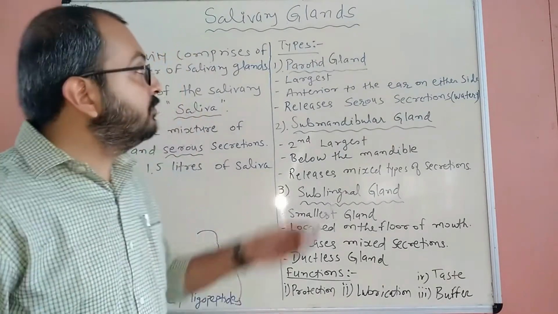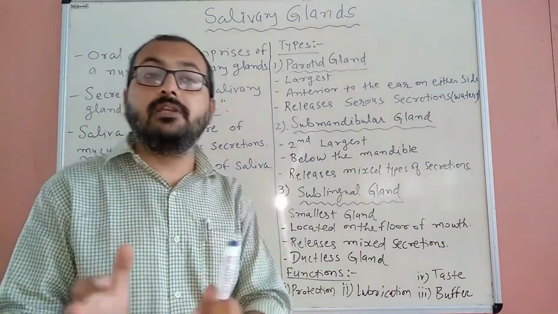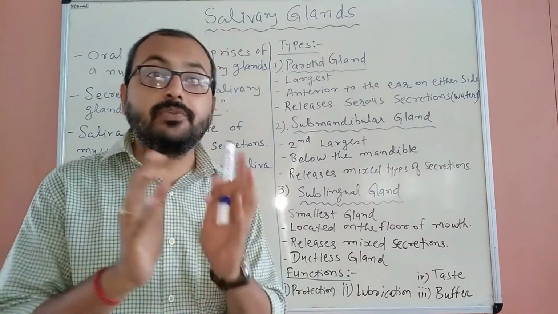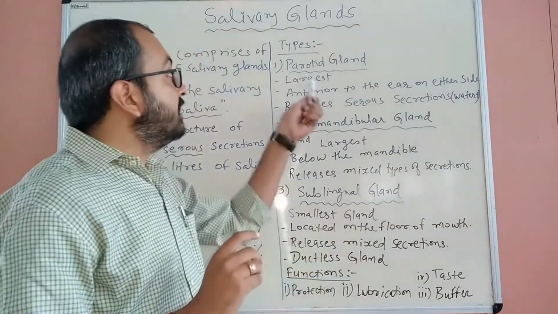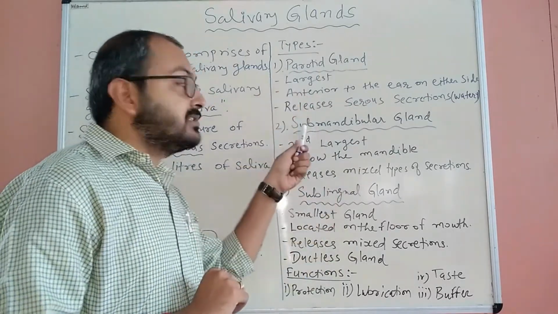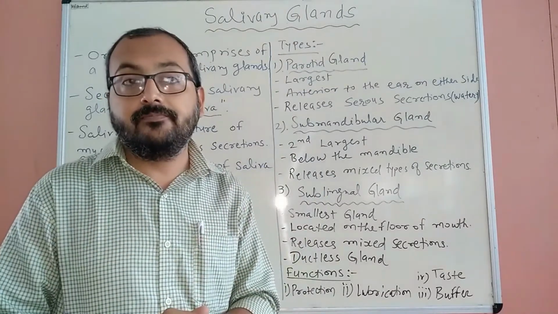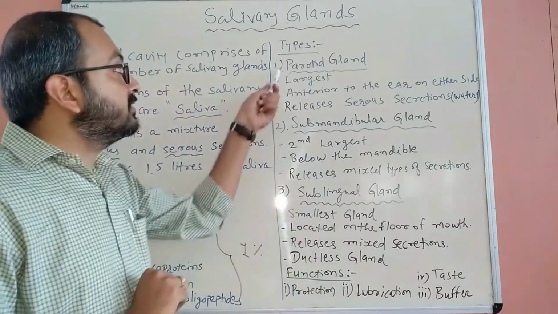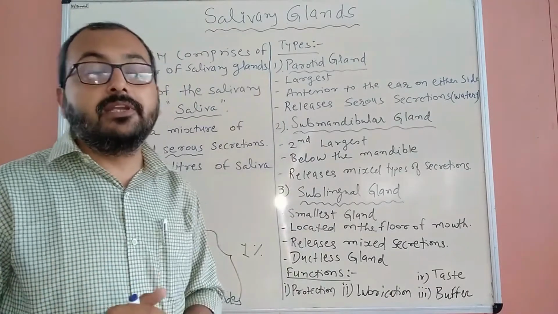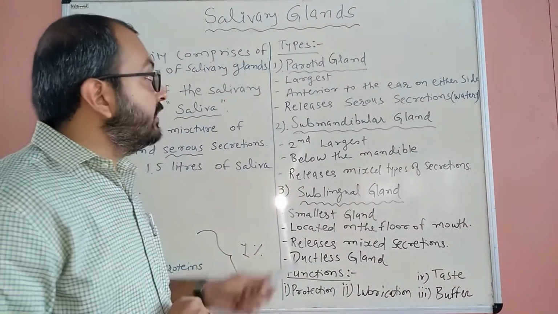Okay. Coming to the major salivary glands, as I have already stated, we have three major salivary glands: the parotid gland, submandibular gland and the sublingual gland. In the case of the first, the parotid gland, where exactly is it located?